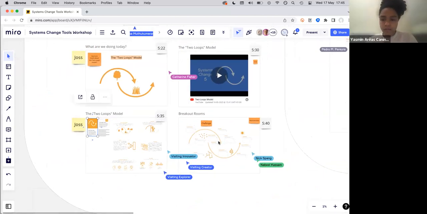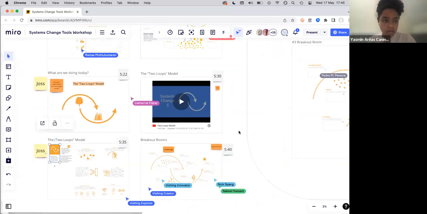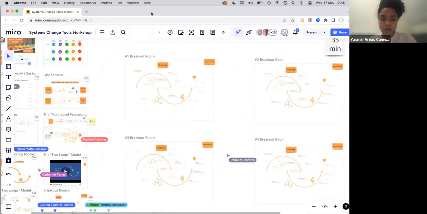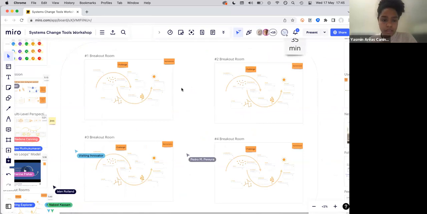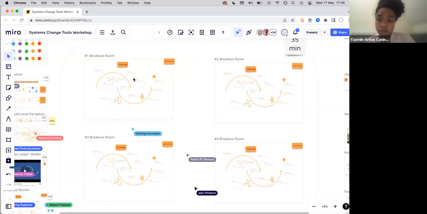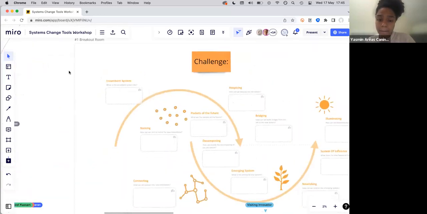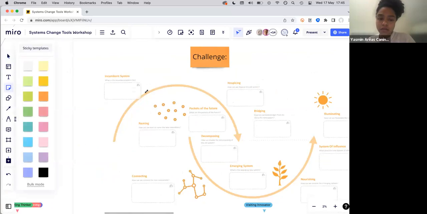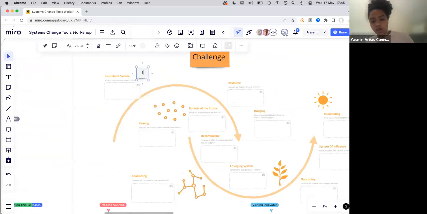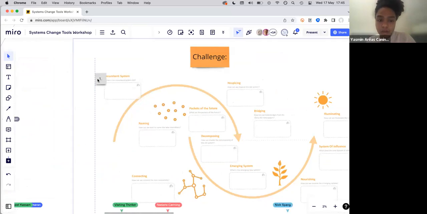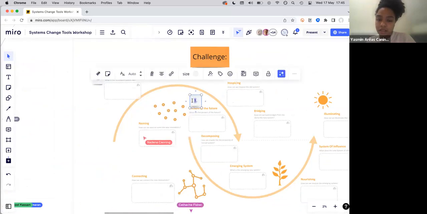Great, thank you, Jasmine. So now I will create the breakout room. So what is going to happen? You can see that there's a challenge sticky there. So you choose the challenge that you and your group would like to focus on during this breakout session. And you can start with the top left loop and start identifying what is the incumbent system that the challenge you identified is a part of.